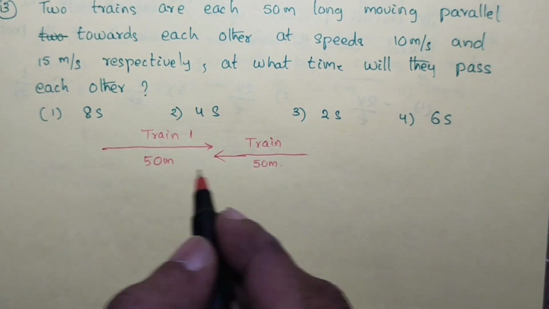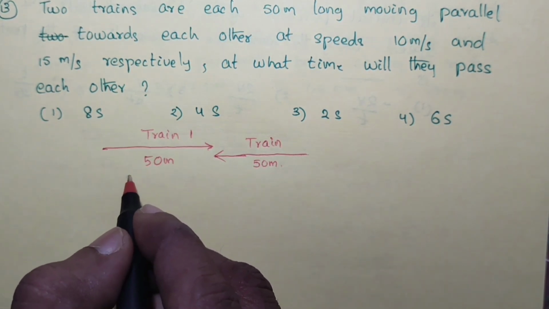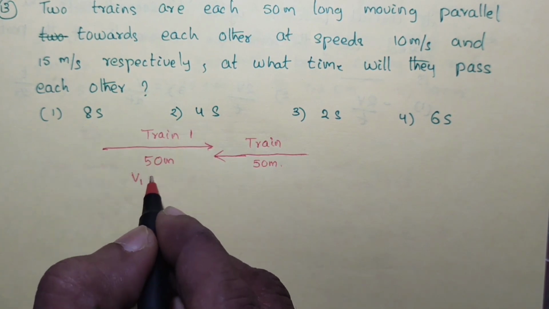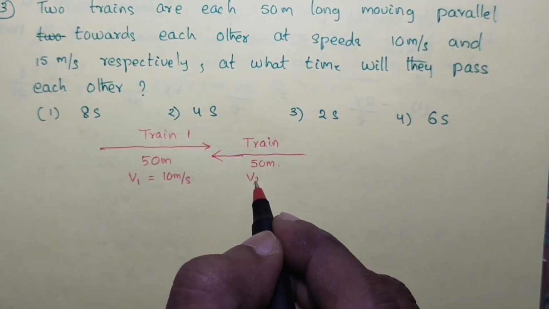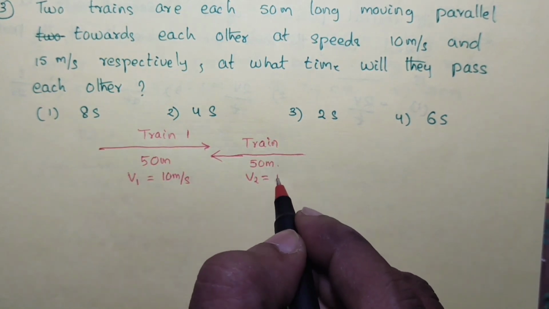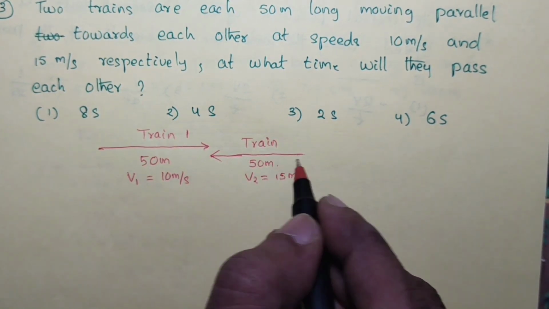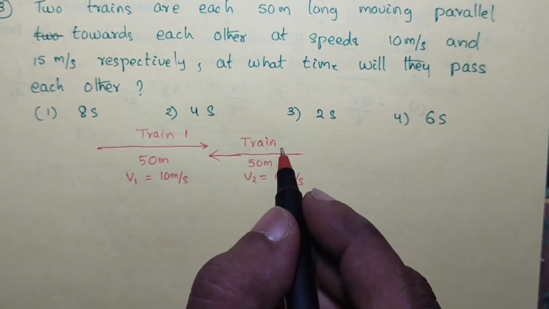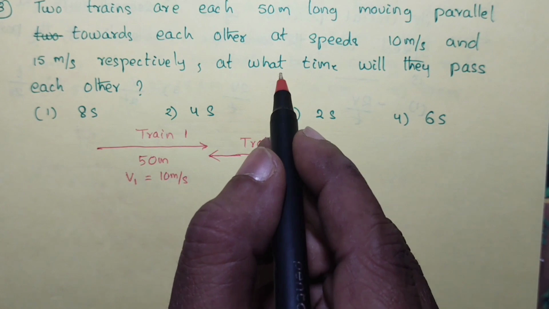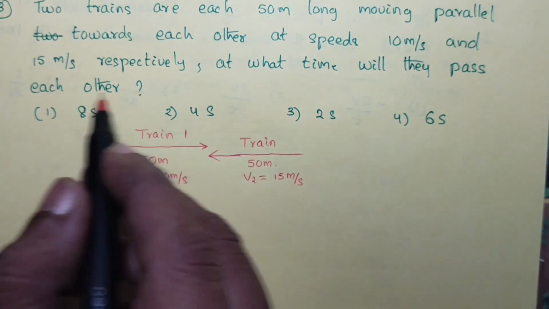So the speed of train 1, v1, is equal to 10 meters per second, and v2 is equal to 15 meters per second in this direction. This is important. At what time will they pass each other?